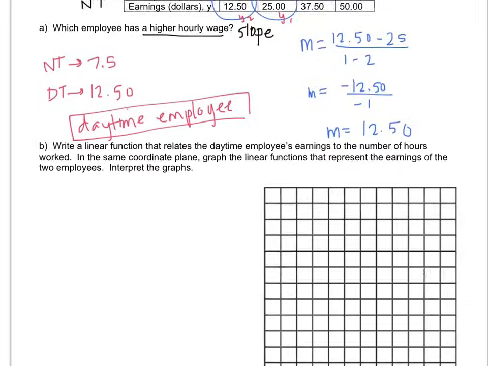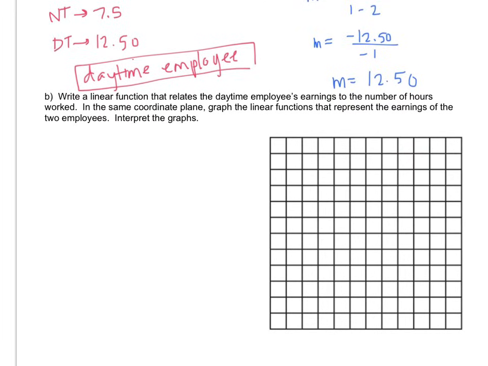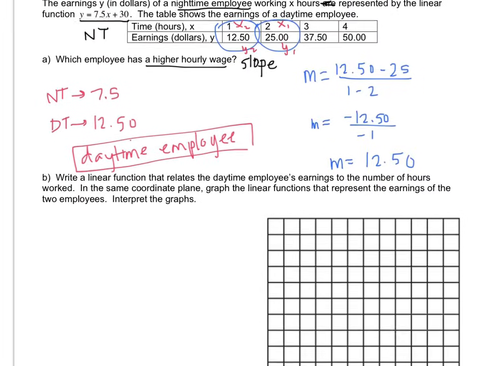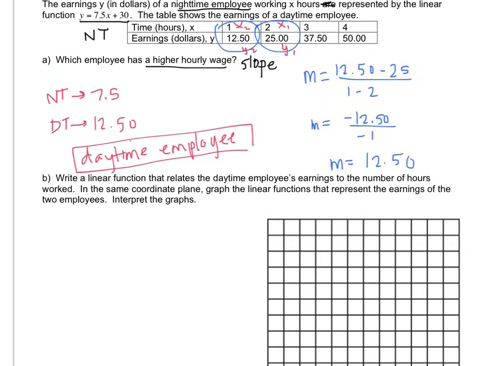Write a linear function that relates the daytime employee's earnings to the number of hours worked. So, I know the slope. This is the first example where we don't have the intercept in the chart. Remember, the intercept starts with 0, comma something. So I don't have that in the chart here.